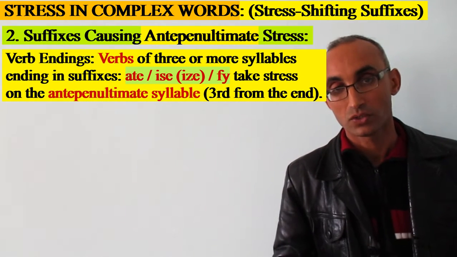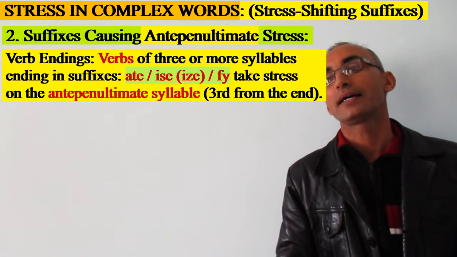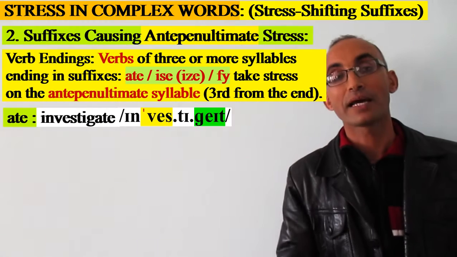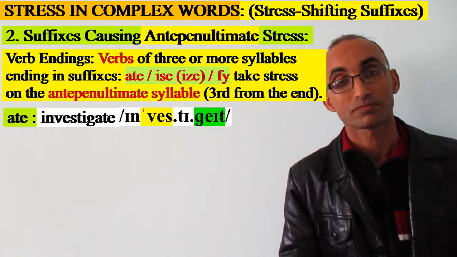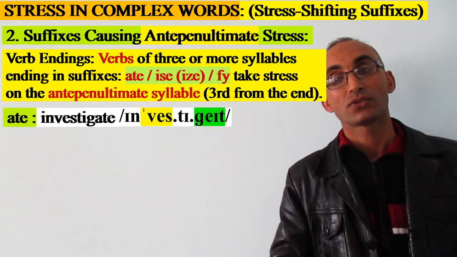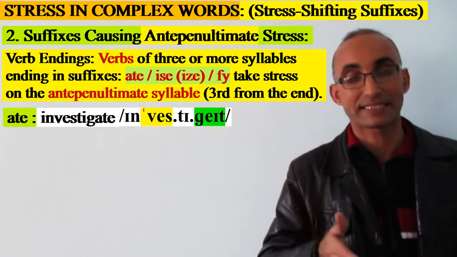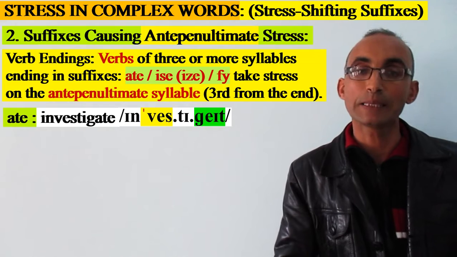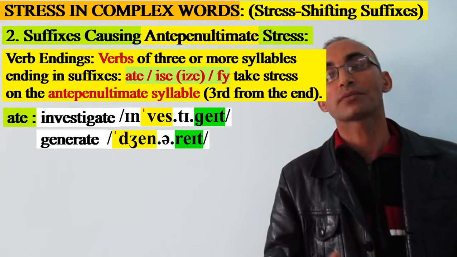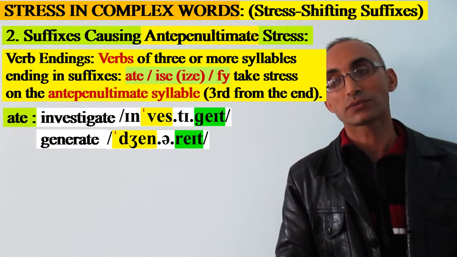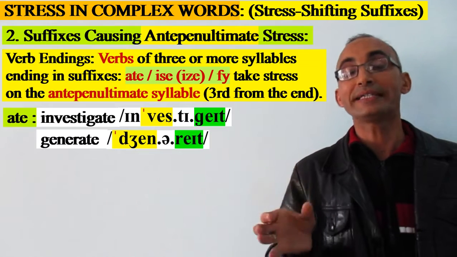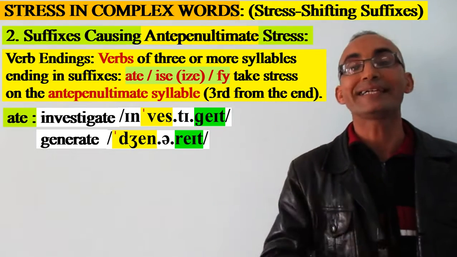Clear? Now, for example, for -ate, like investigate: gate not stressed, ti not stressed, and ves is stressed, anti-penultimate. Also generate: rate not stressed, suffix, clear, ne not stressed, and ge is stressed.